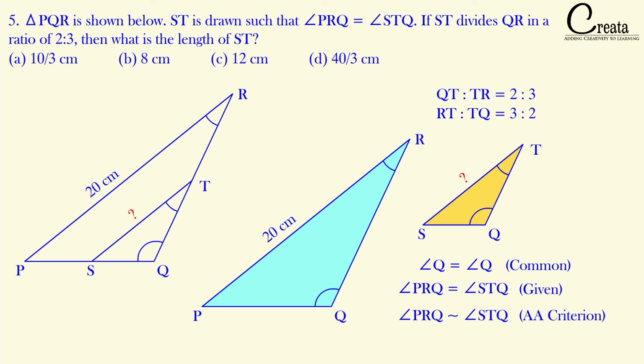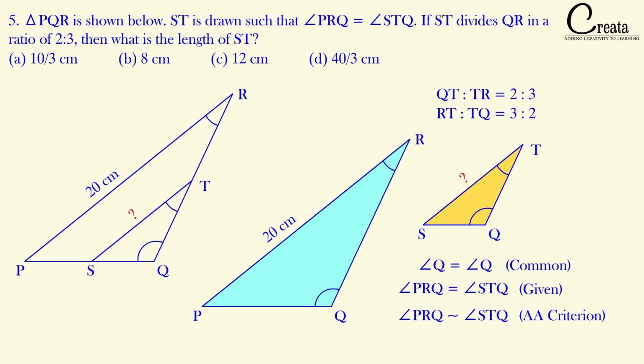In the angle-angle criterion, if two corresponding angles of the triangles are equal, then we can say both the triangles are similar to each other. Once we know the two triangles are similar, we know the ratios of the corresponding sides are equal. Note that in similar triangles, the ratios of the corresponding sides are equal, not the corresponding sides themselves. That is the case of congruent triangles.